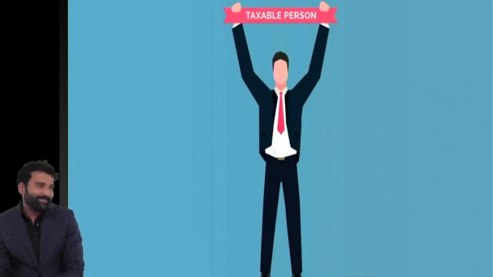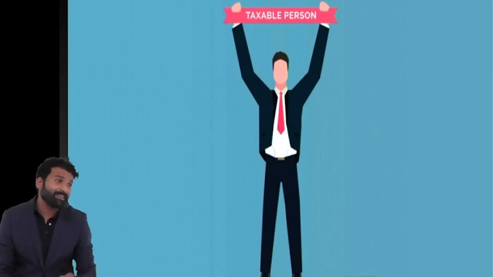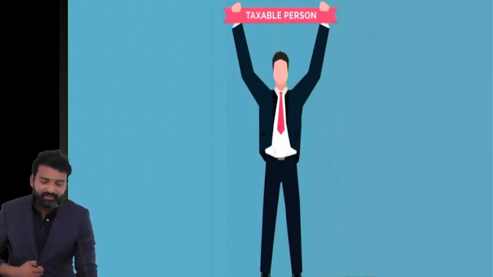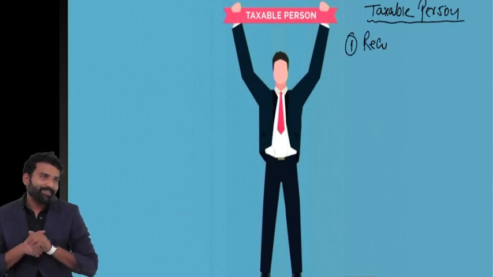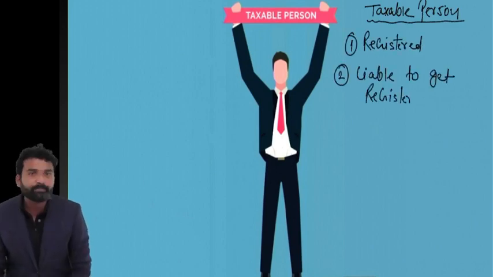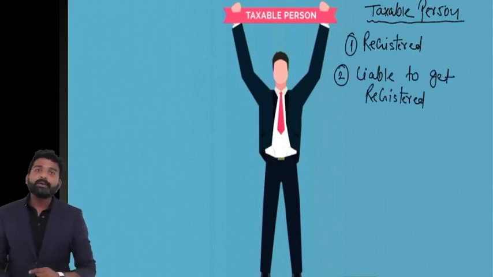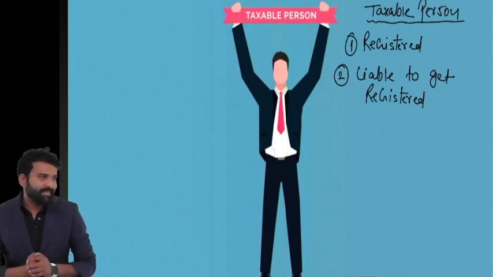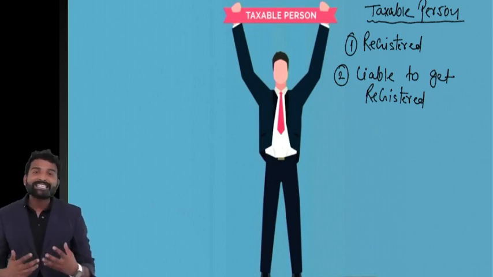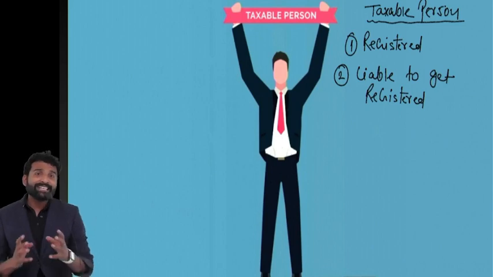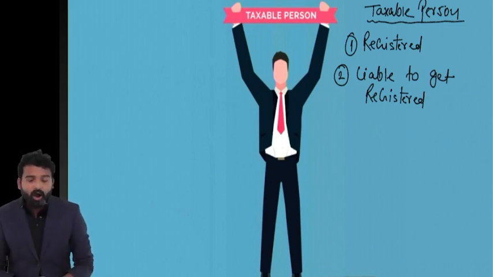Second important thing. What was the second condition? The transaction should be done by a taxable person. This is very important. Who is the taxable person? According to GST, a taxable person means either the person is registered under GST, means he has the GSTIN, the GST registration number, or if he doesn't have the GST number, he is liable to get registered.